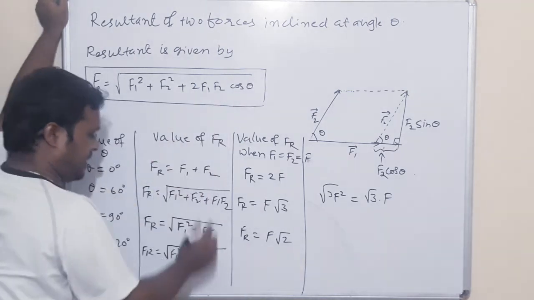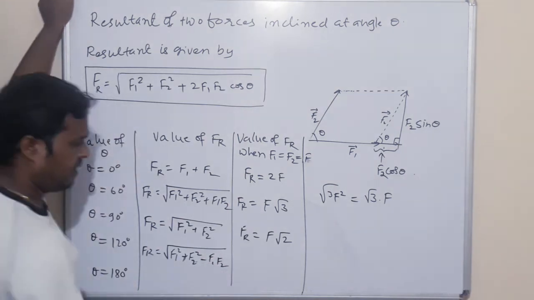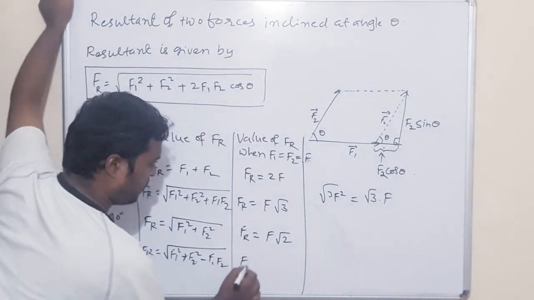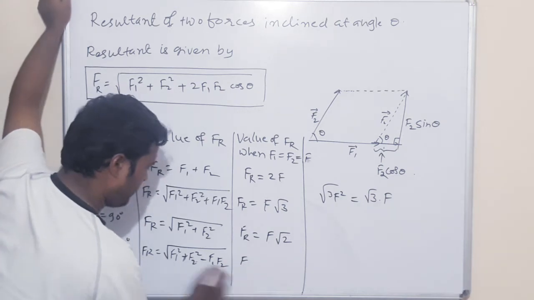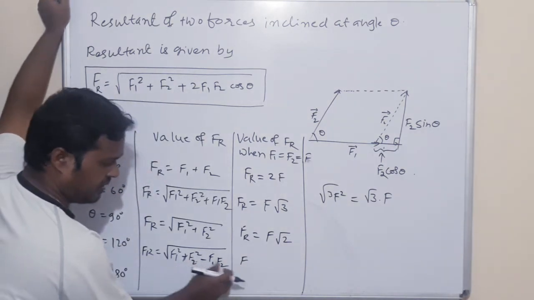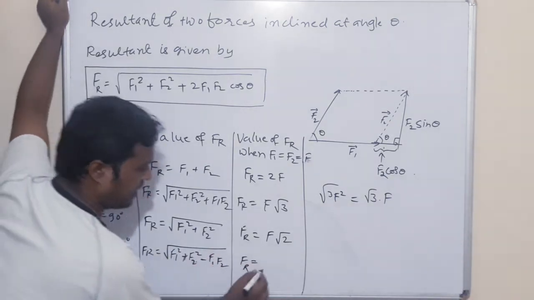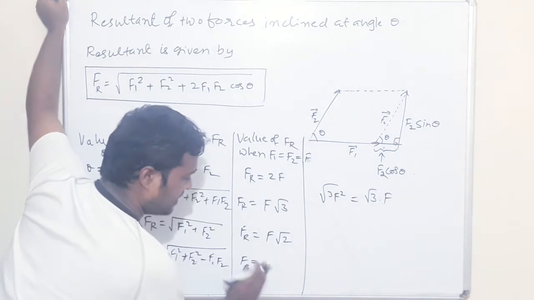This 2 gets cancelled. Then I will get F1 F2. That means if these two are equal, F square plus F square minus F square, then inside root I will get only 1 F square, which is equal to just simply F.